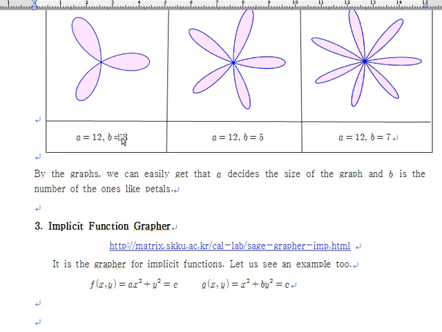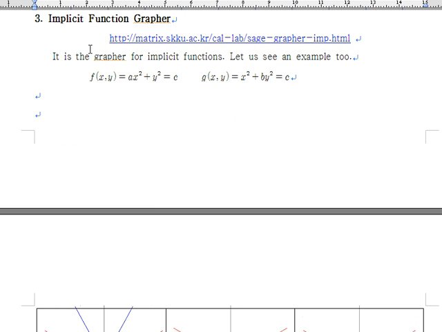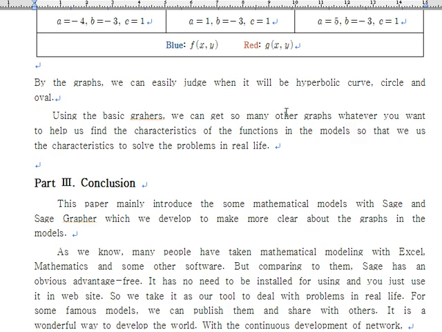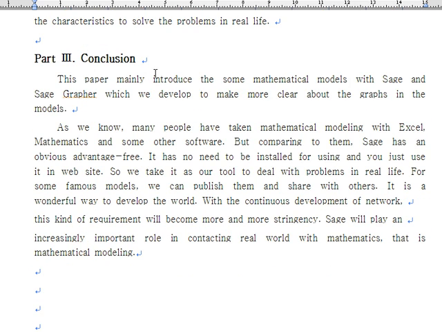So naturally B means the number of petals. In this way, we can get results from the graph easily. The second is the implicit function graph, and these are examples.